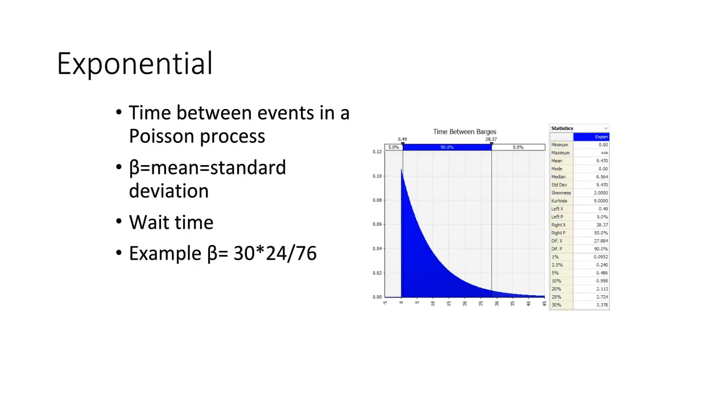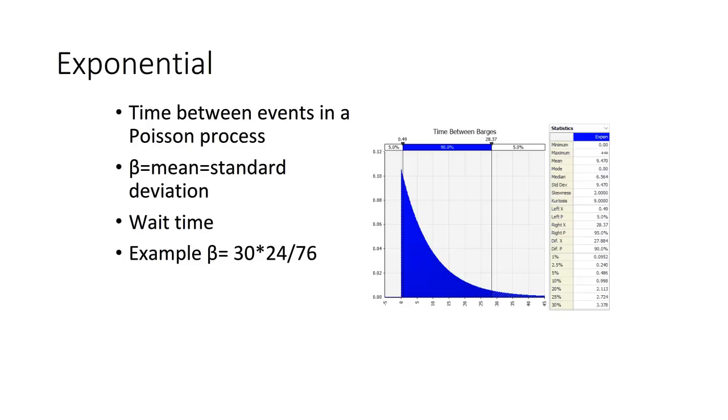The exponential distribution is useful because it measures the time between events. Now, you'll notice the first bullet says in a Poisson process. So if you happen to have for that Poisson process the number of barges per month, then the exponential distribution would be a good way to express the time between barges. If it's the number of customers during the lunch hour, the exponential would be the time between customers entering your store during the lunch hour.